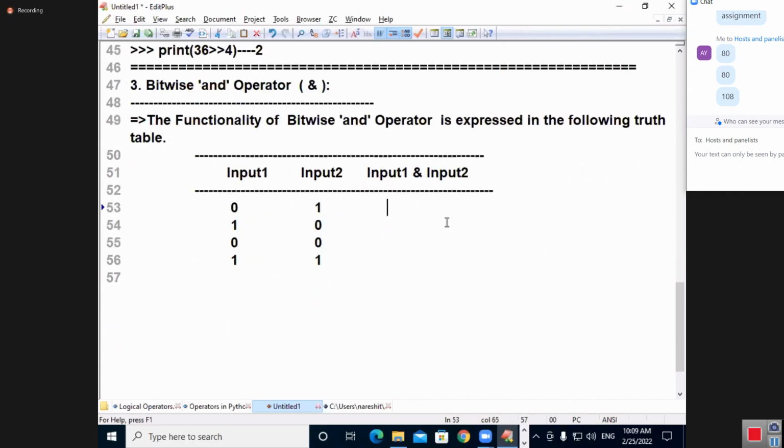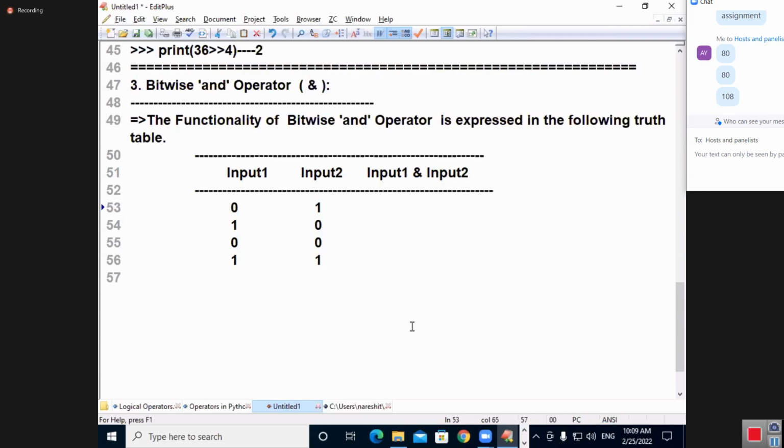AND operator says, if both the bits are 1, result is 1. If any one of the bits is 0, result is 0. It is also called the product rule. Multiply: 0 into 1, 1 into 0, 0 into 0, 1 into 1. That's it. It is also called what rule? Product rule.